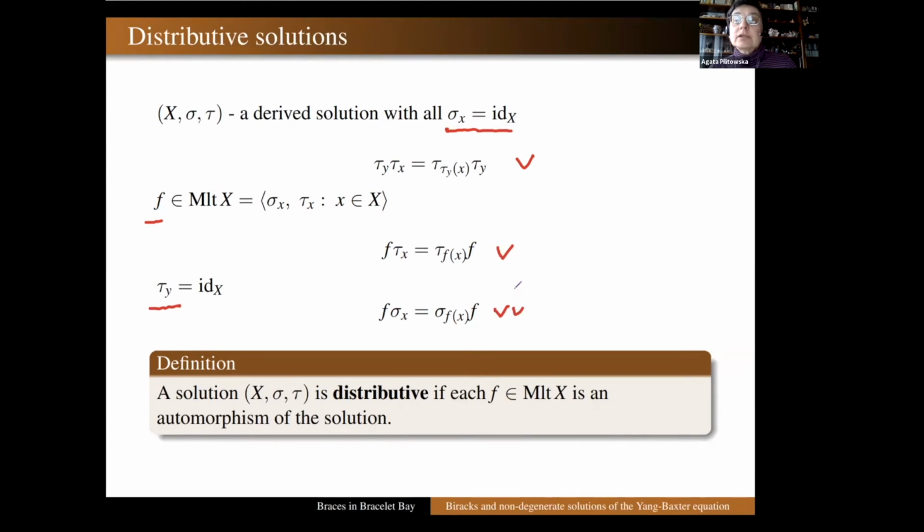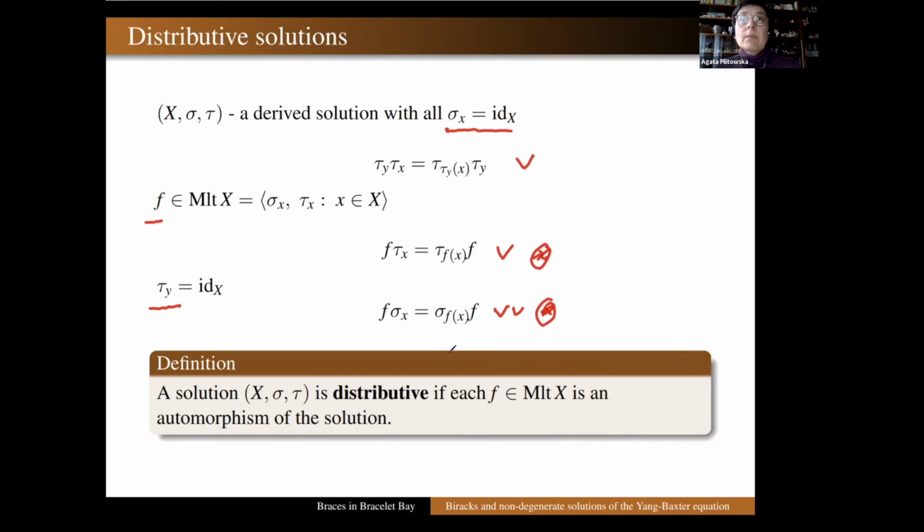We say that a solution is distributive if both these conditions are satisfied for any element from the multiplication group. It means that each bijection from the multiplication group of the solution is in fact an automorphism of the solution.